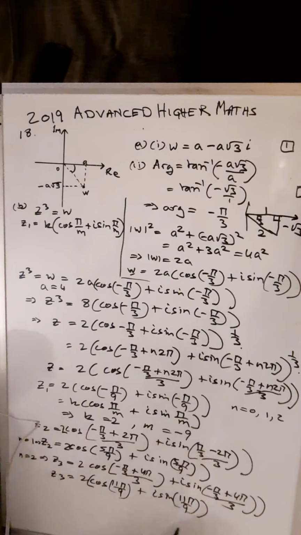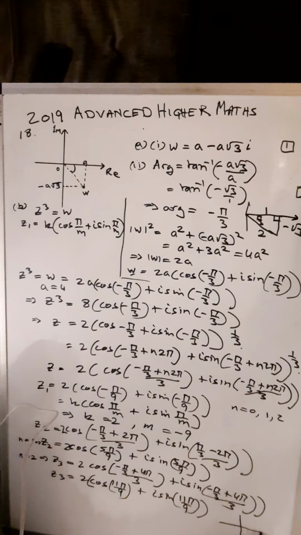That's it in polar form. The other thing is that this is going to go this way to 11 pi by 9. If you go the other way, this is going to be reaching the same point here. This is minus 7 pi by 9, reaching the same point from 0. The other way around, if you come this way, that is 11 pi by 9.